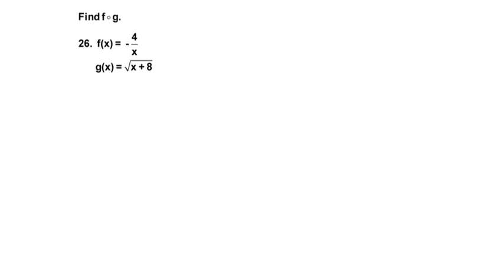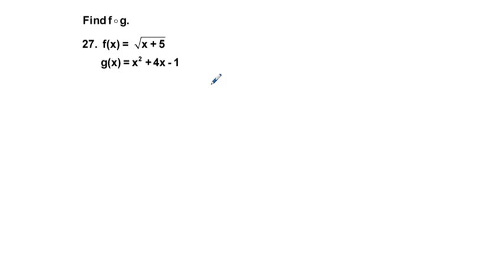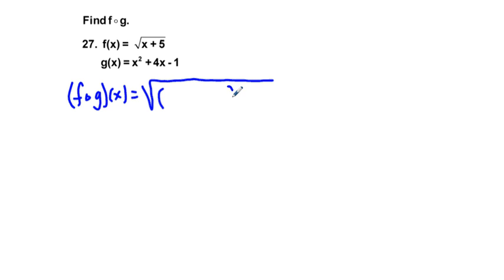Okay, last one we're going to look at is problem 27. We have f of x equals square root of quantity x plus 5, and g of x equals x squared plus 4x minus 1. So f of g of x is equal to square root of, and we leave a huge place for x, and we put plus 5. And we're going to take this x squared plus 4x minus 1 and plug this in right here.